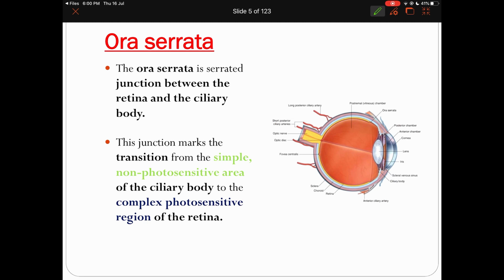After that it will be the end of the choroid and the beginning of the ciliary body, and after that the iris.